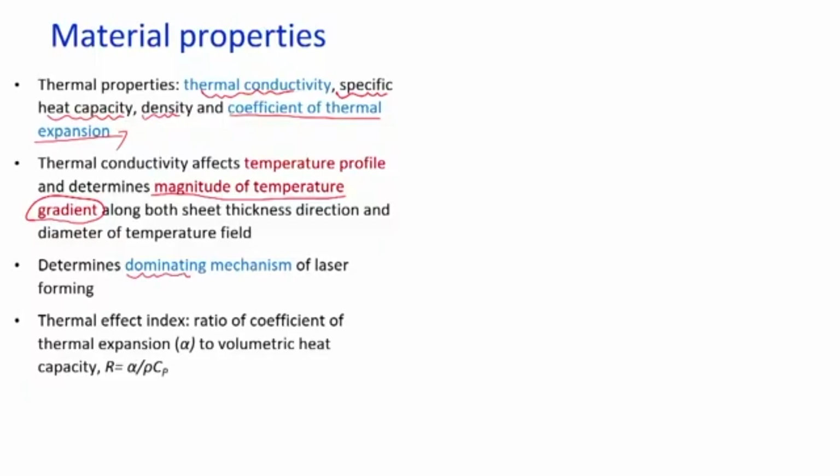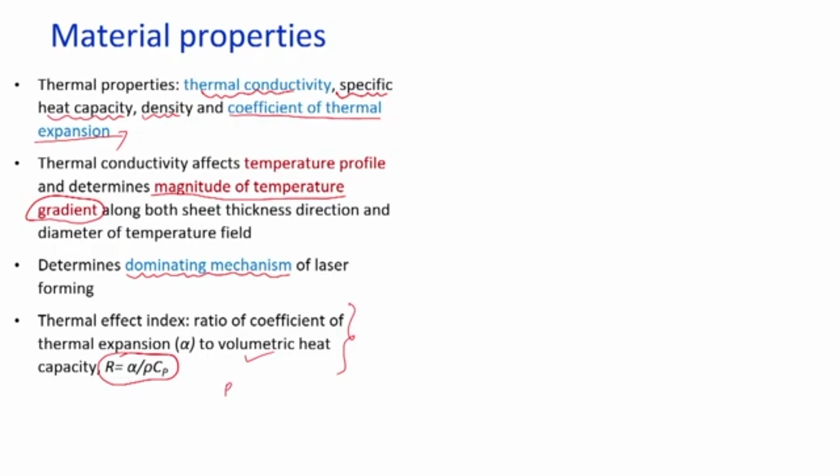So the temperature gradient is all dependent upon the thermal conductivity, and there is a ratio used in industry that we call the thermal effect index, which is the ratio of the coefficient of thermal expansion alpha to the volumetric heat capacity.